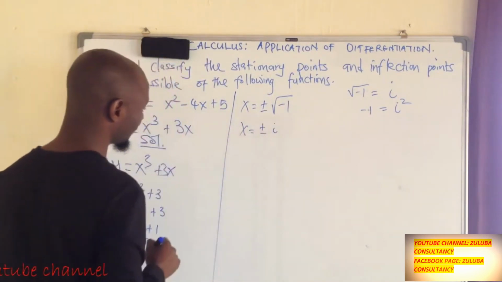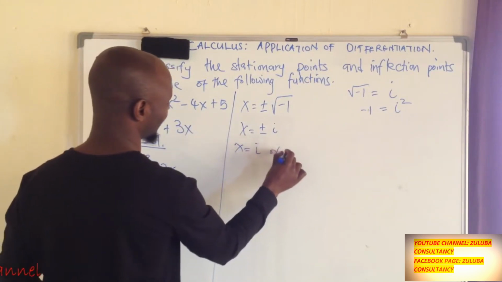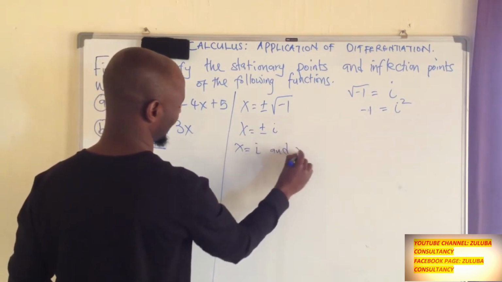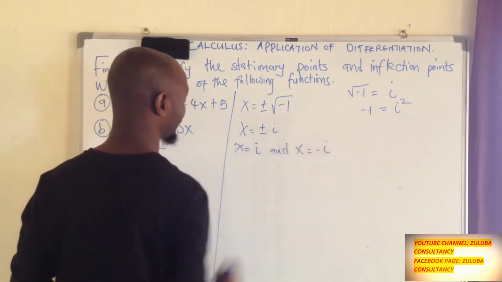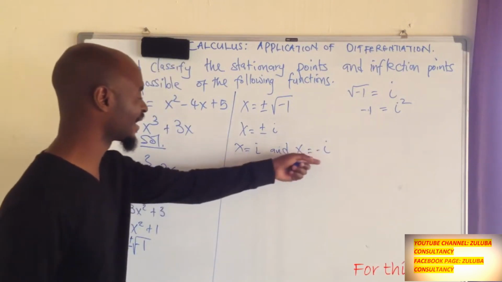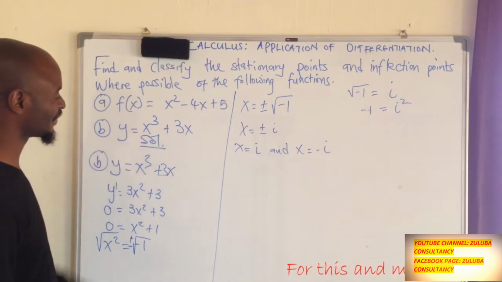So the critical points occur at x is equal to i, and x is equal to negative i. Now we have to find the value for y at this point and at that particular point by replacing in this particular formula.